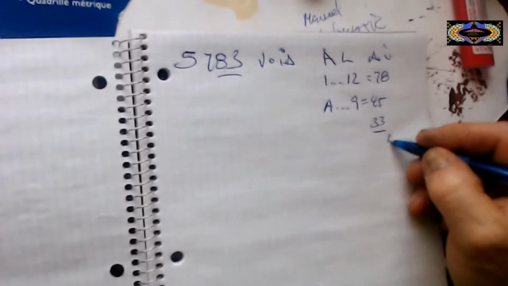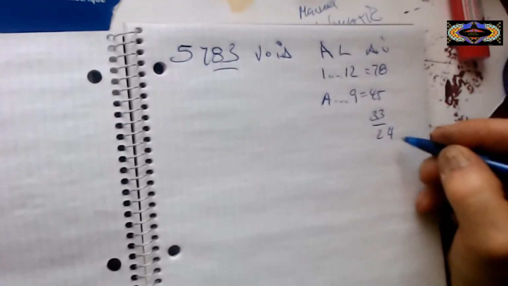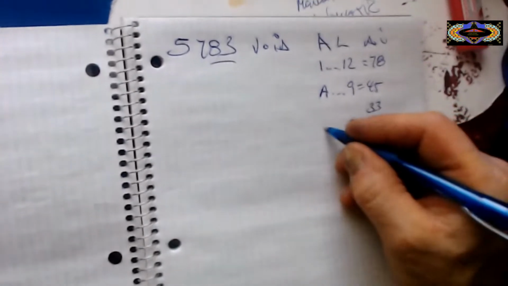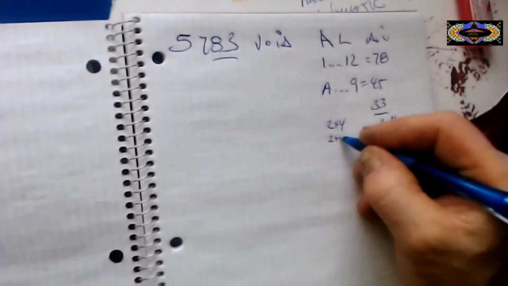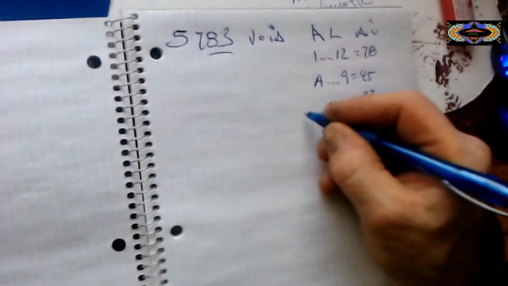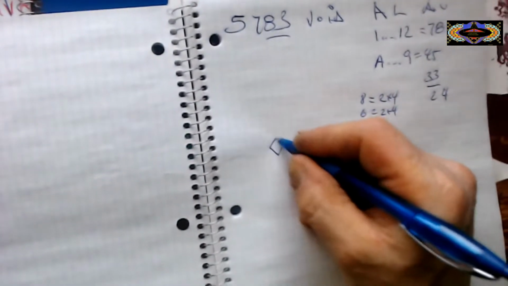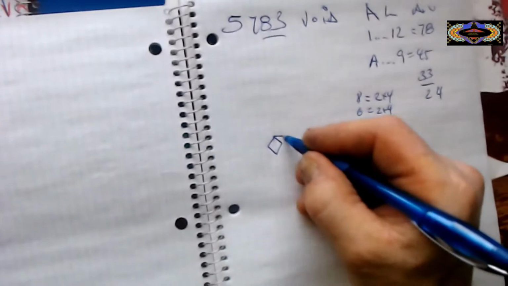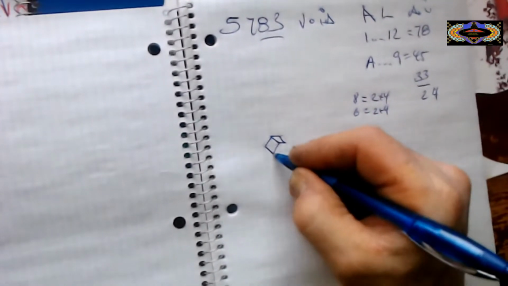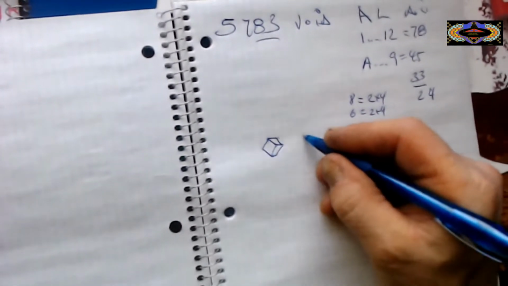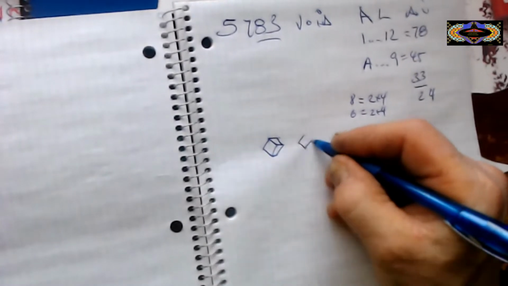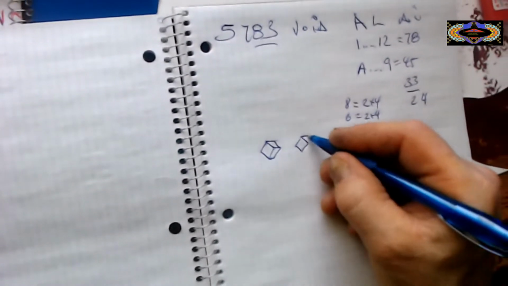When you add them, it equals 24. 2 times 4, 2 plus 4 equals 8 equals 6. And because we're in the cubonic world, the world of the cube, whichever way you want to look at it, we've got the 2 cubes running up over here.